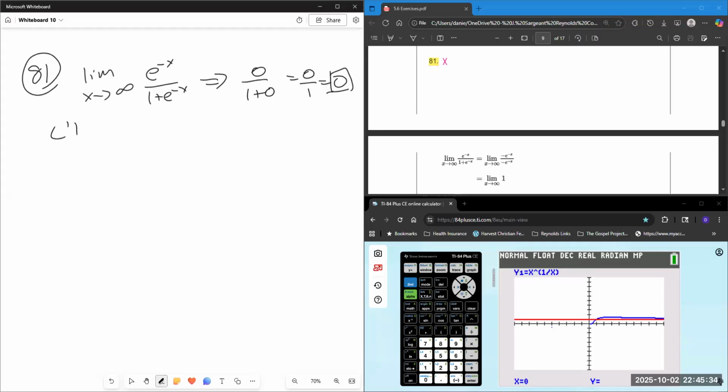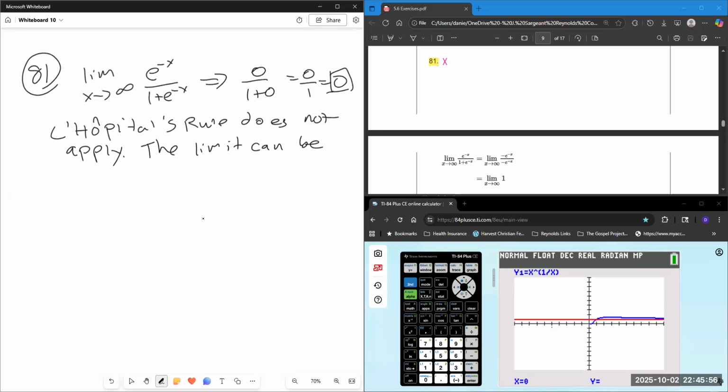So L'Hopital's rule does not apply here either. The limit can be evaluated directly.